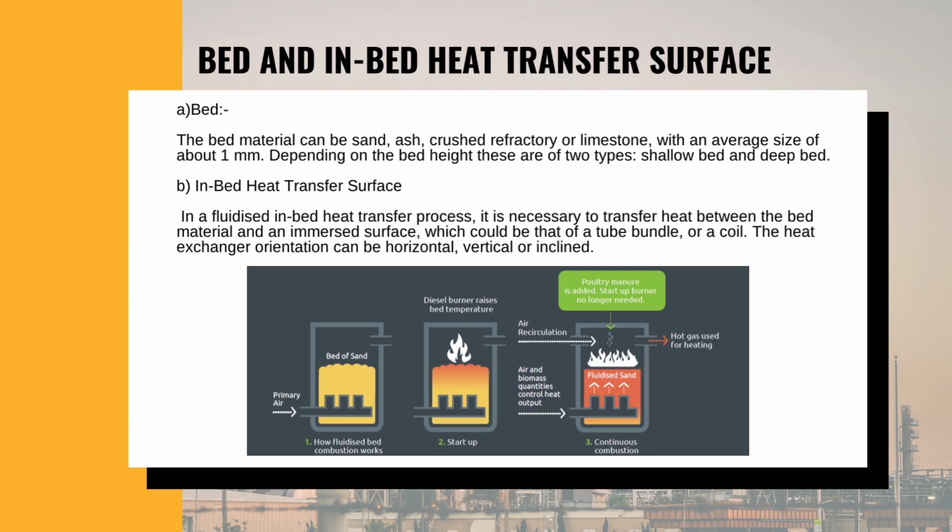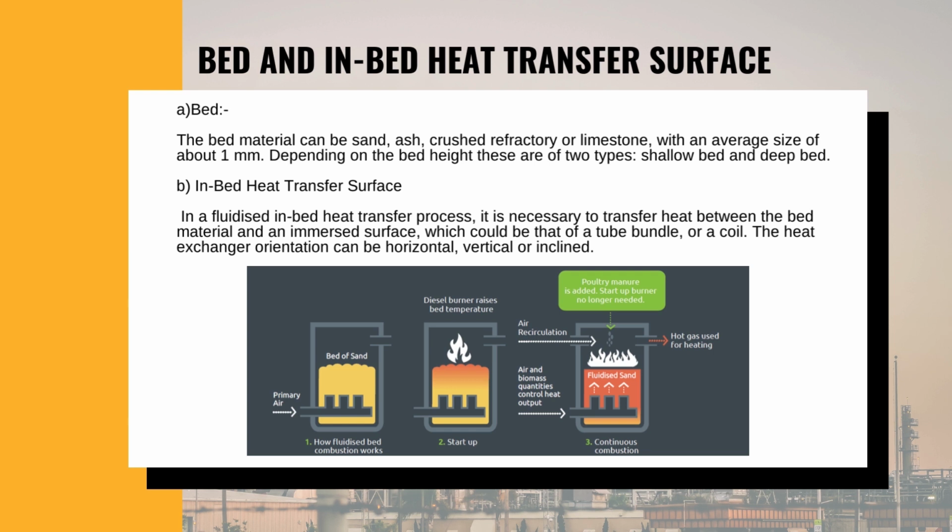In the case of a deep bed, the pressure drop is more and this increases the effective gas velocity and also the fan power. In a fluidized in-bed heat transfer process, it is necessary to transfer heat between the bed material and an immersed surface, which could be that of a tube bundle or a coil. The heat exchanger orientation can be horizontal, vertical or inclined.